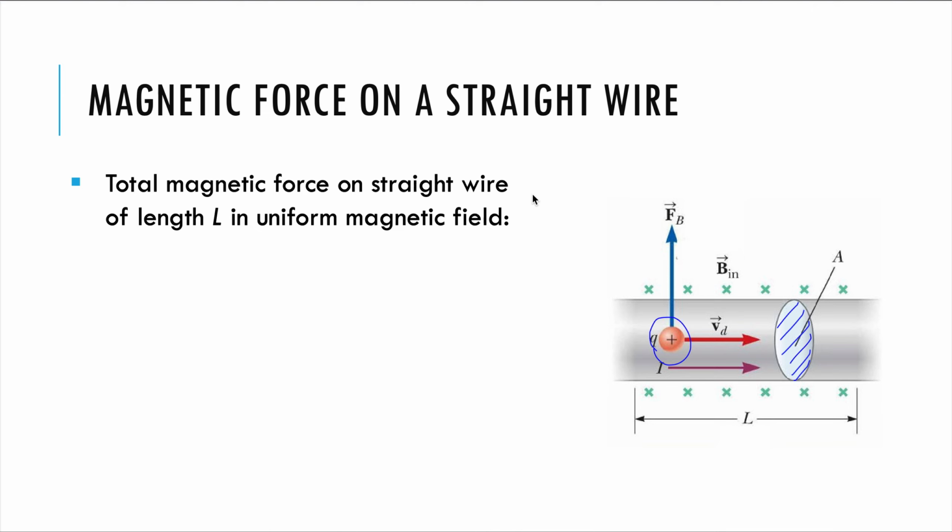The force on that moving charge is going to be Q v sub d cross B. And now we want to consider the force on a total wire, which has a whole bunch of moving charges. So we're just going to have to multiply the force on one charge by the number of charges. So let's figure out how to write down the number of charges.